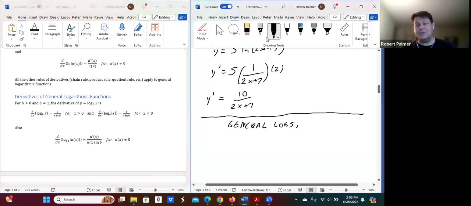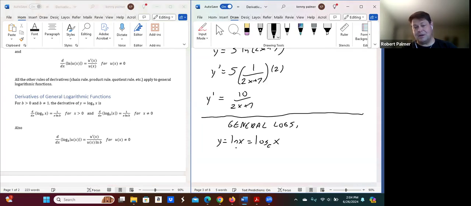Let's do a quick example to explain part of why this is true. Let's say we have y equals the natural log of x. Let's write it this way, as log base e of x. And then y prime, using this new rule, our previous rule is just an example of this.